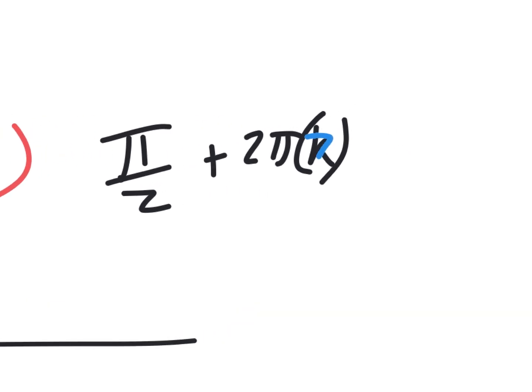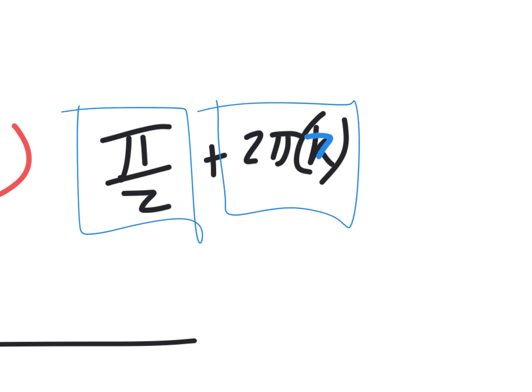For today, that's the only thing that's really new, is if I say, give me all the solutions. You have to take whatever answer you would have had and add plus 2 pi k. Because that tells you that you could keep going over 2 pi and keep getting answers over and over and over again. All right.